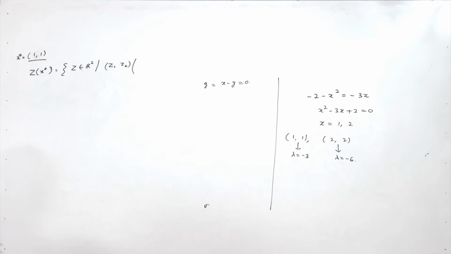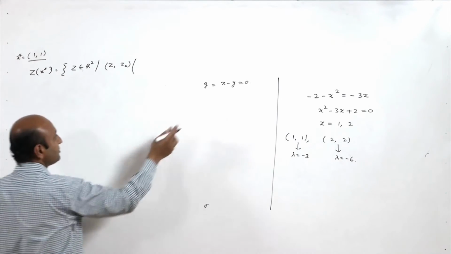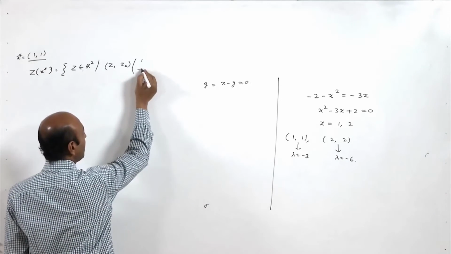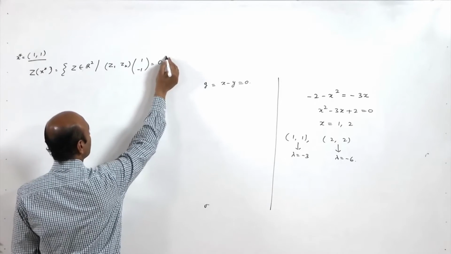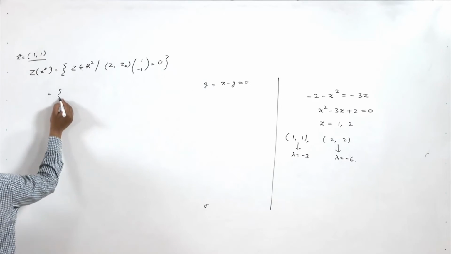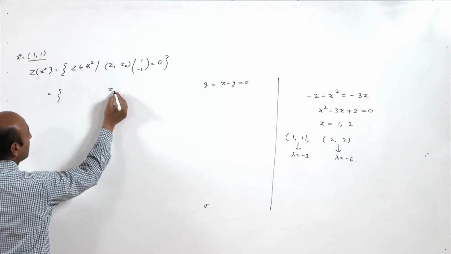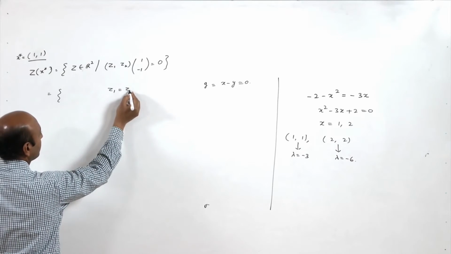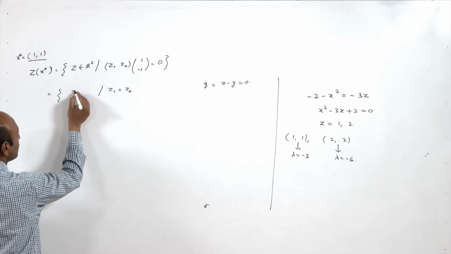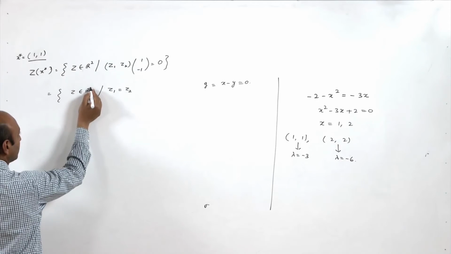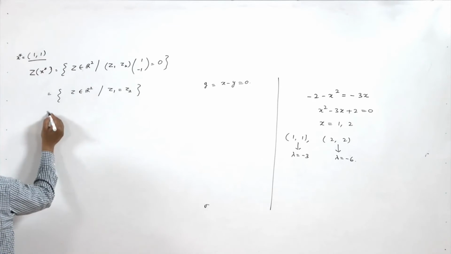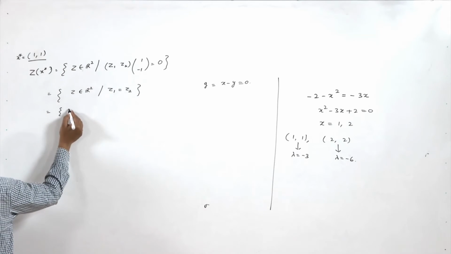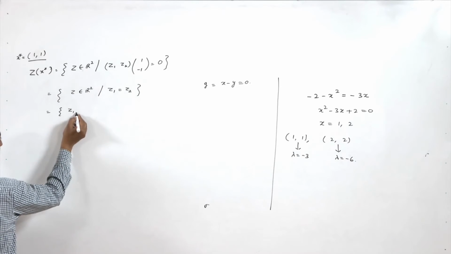What will be its gradient? The gradient will be 1 with respect to x and minus 1 with respect to y, equal to 0. So this implies Z1 equal to Z2, for all Z belonging to R2. So what will be Z at x star? It is of this type, Z1 comma Z1.